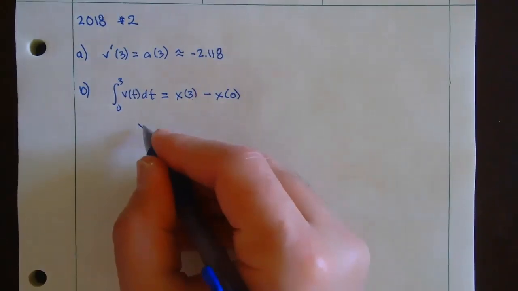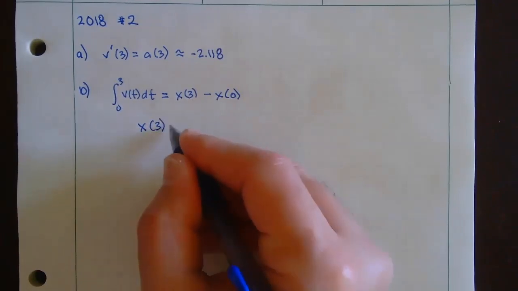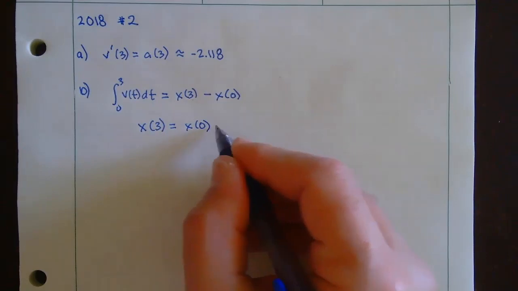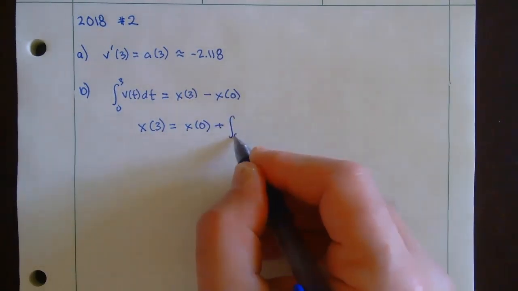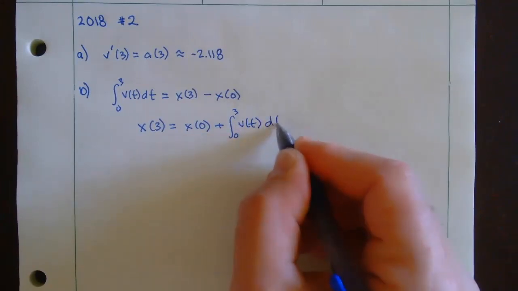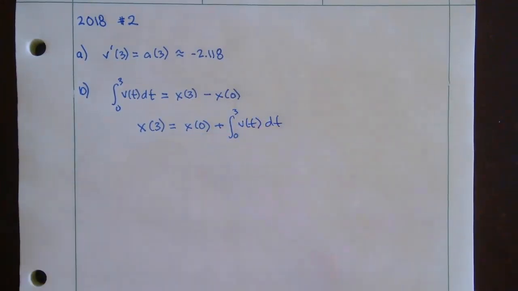So we would have x of 3 is equal to x of 0 plus the integral from 0 to 3 of v of t dt. And we know x of 0 from our paper that it is -5, right?